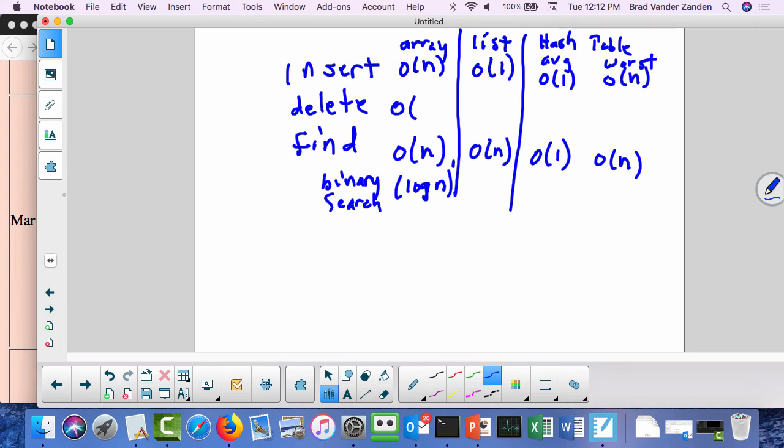For a list, if I delete, and I'm right at the item that has to be deleted, I just delete that one item. And for a hash table, if I delete, how many buckets do I look at? 1. And we expect only one item to be there, so it's roughly order 1.